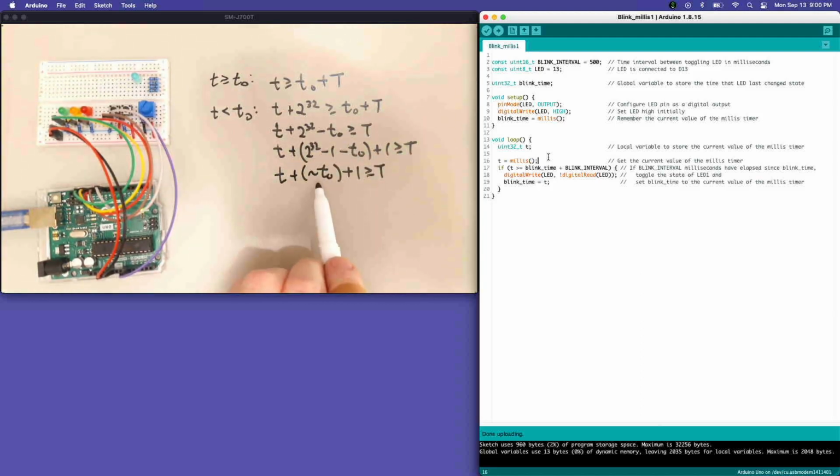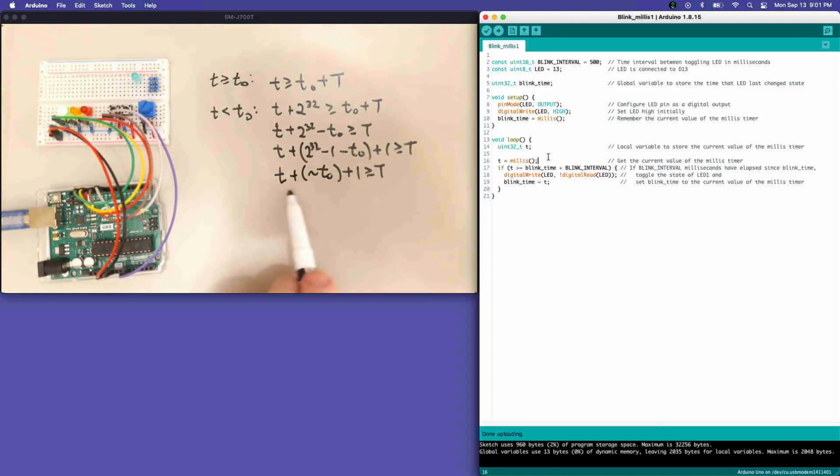So this tilde in C or C++ represents the bitwise not operation. So a bitwise complementation. So we're taking the bits in T0 and we're changing all the zeros to ones and all the ones to zeros. And my claim is that when we do that, that is entirely equivalent to the subtraction operation, 2 to the 32nd minus 1 minus T0.